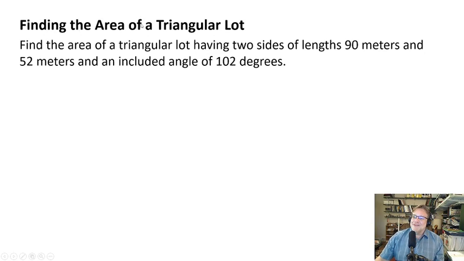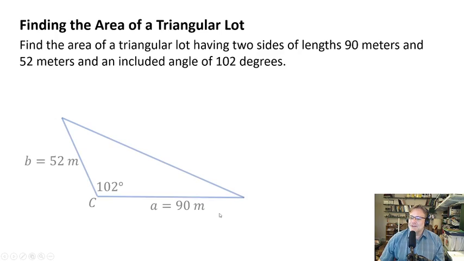Finding the area of a triangular lot here. Find the area of a triangular lot having two sides of lengths 90 meters and 52 meters and an included angle, that's the angle in between them, of 102 degrees. Okay, so this side has to be 52 meters, this side has to be 90 meters, the angle in between them is 102 degrees. So what's the formula that we're going to use here?